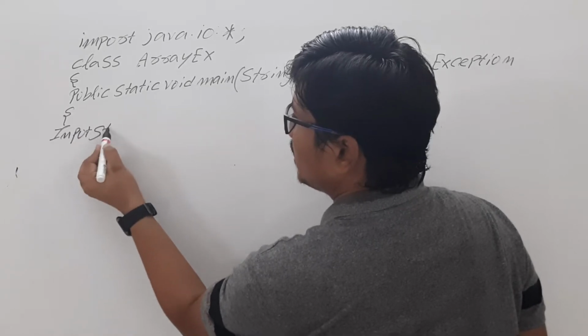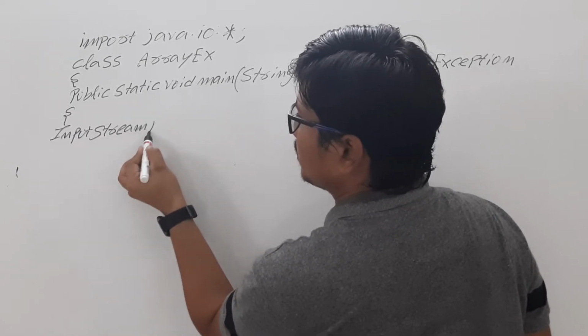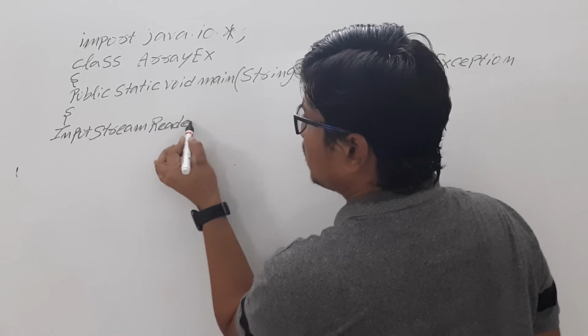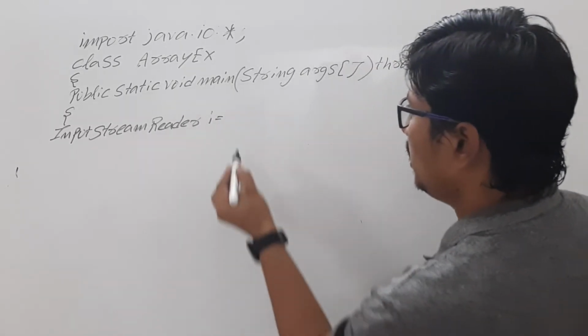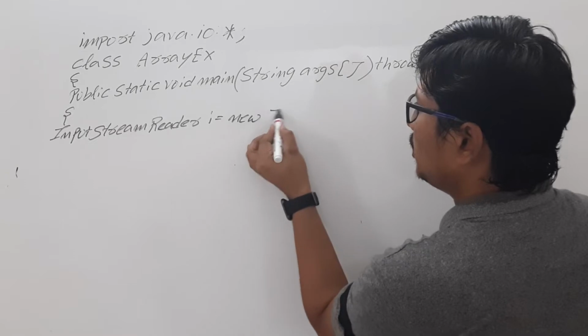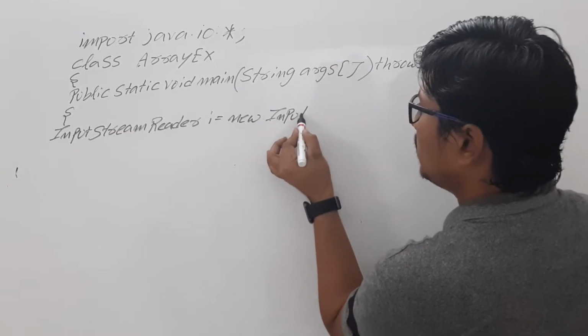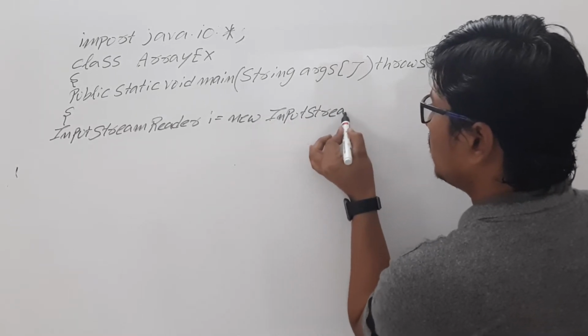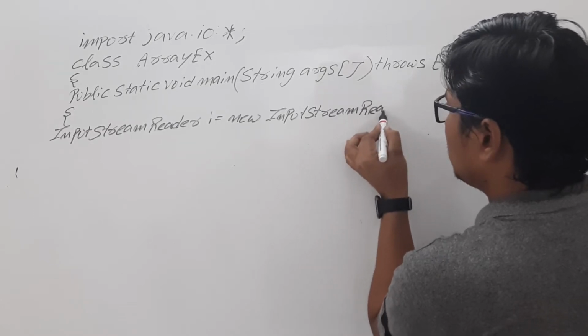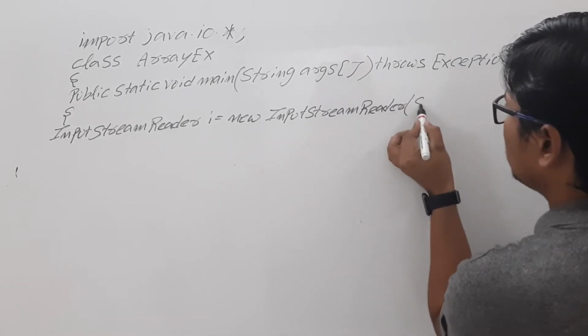So you want to create an object for the InputStreamReader. So InputStreamReader i is equal to new InputStreamReader(System.in).